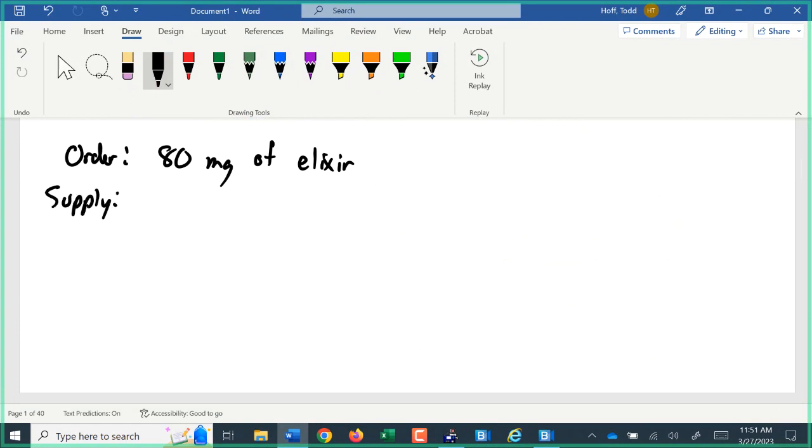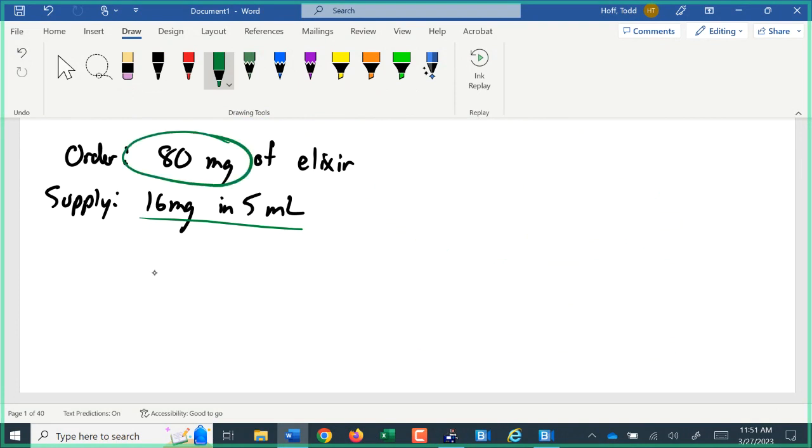Our supply is saying 16 milligrams in 5 milliliters. So again, this is just saying that this is a liquid medication, certain concentration, certain amount of medication in each volume of liquid. So once again, we'll start out with the orders, 80 milligrams.